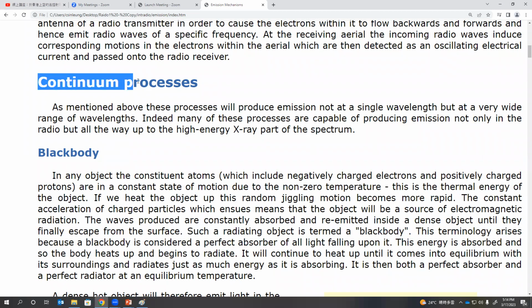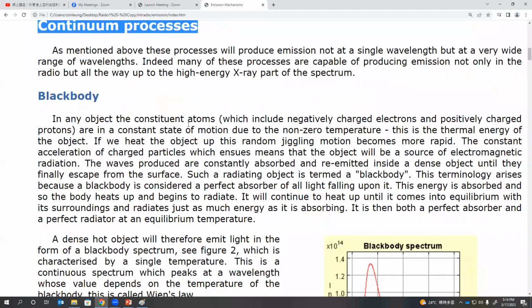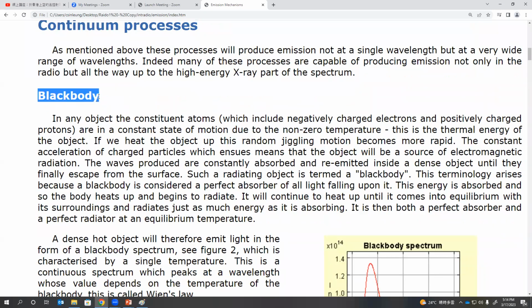Now we move on to the continuum process. As you see, the emission here is not focused on a single wavelength. If we look at all wavelengths, a wide range, what will happen? First, we would like to introduce the blackbody case.